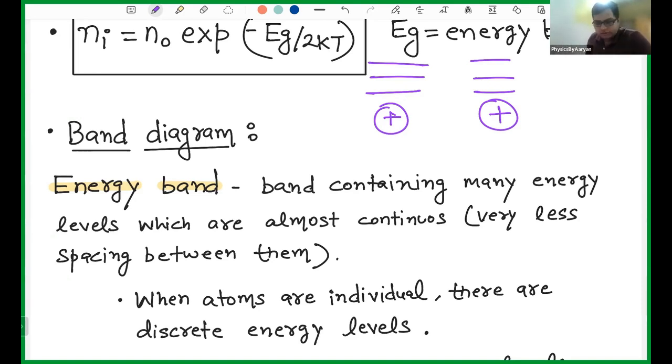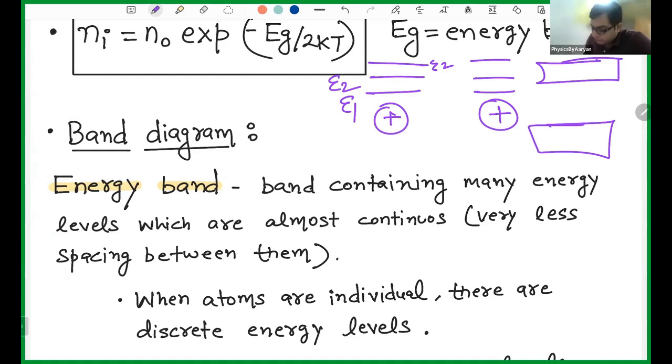So before, what was happening was that you could either have energy E1, energy E2, energy E3, and so on. But once you combine the atoms, you get bands. One band is the upper band and one band is the lower.